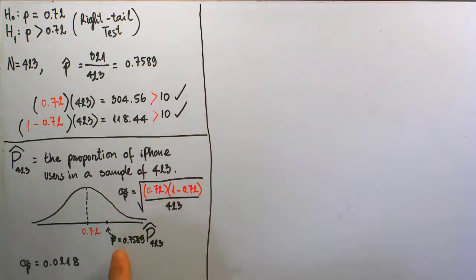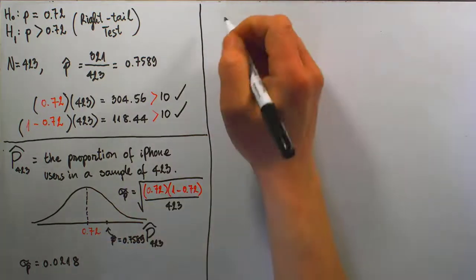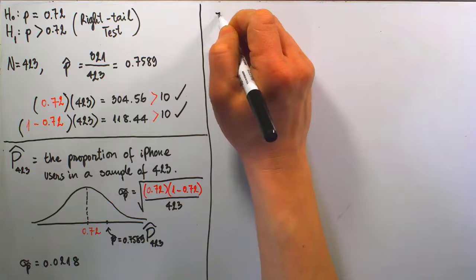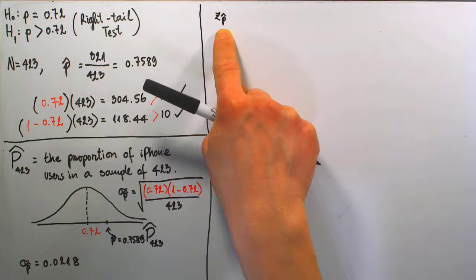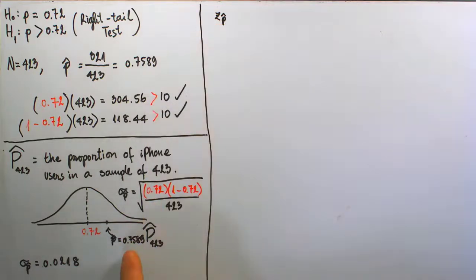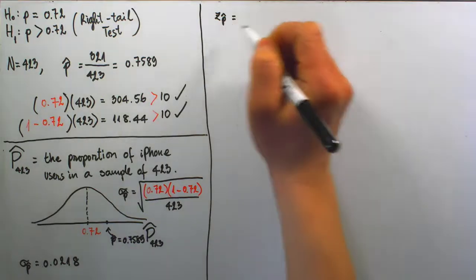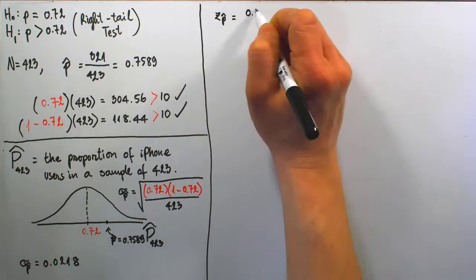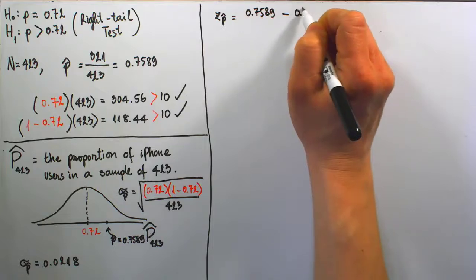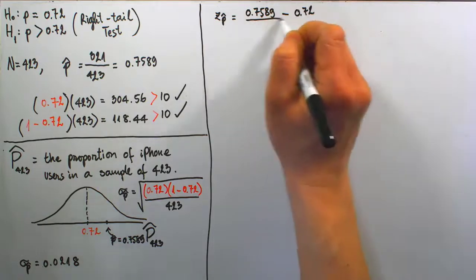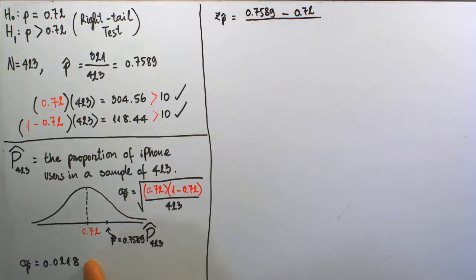Now, once we know that our p hat is on the bell curve, then the next step, we're going to calculate the z-score for our sample. I optionally use a subscript p hat here to indicate that this is a z-score specifically for our sample that we use in this testing of hypothesis. So calculating the z-score, we're going to go 0.7589. I'm going to subtract the bell curve center, 0.72, and that difference there will be divided by the average spread, the standard deviation of all sample proportions on this bell curve.